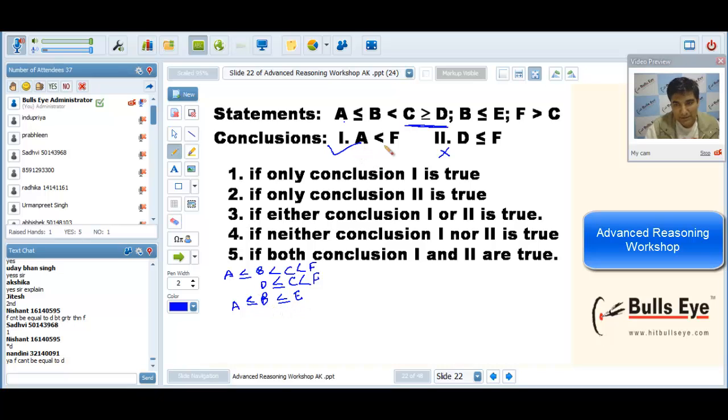First statement, A is less than F, logically follows. D is less than equal to F.